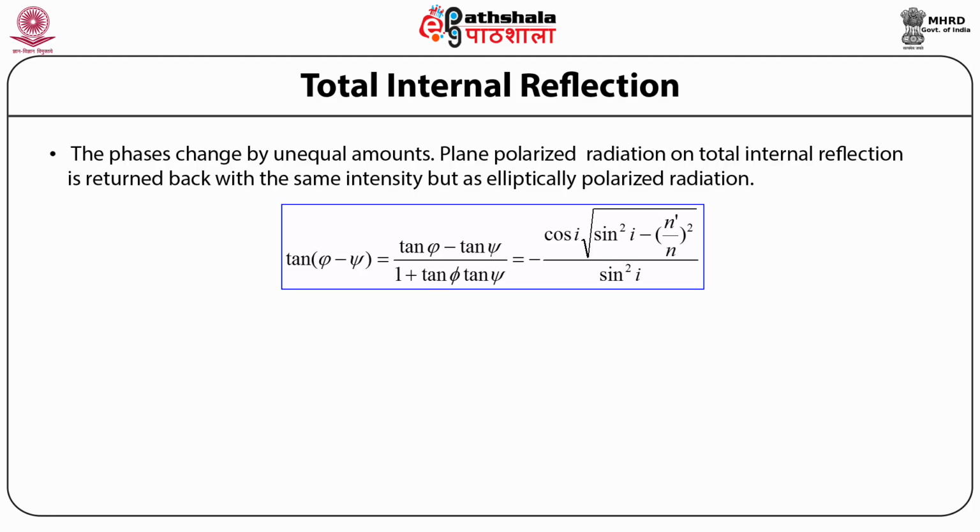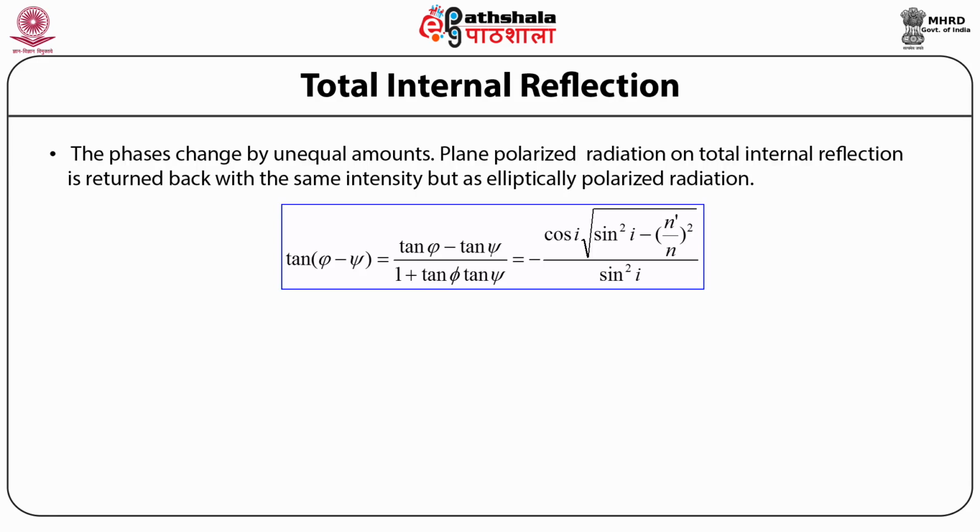This is equal to minus cos of angle of incidence times under root of sine square angle of incidence minus square of the ratio of the refractive index of medium 2 to medium 1, whole divided by sine square angle of incidence.